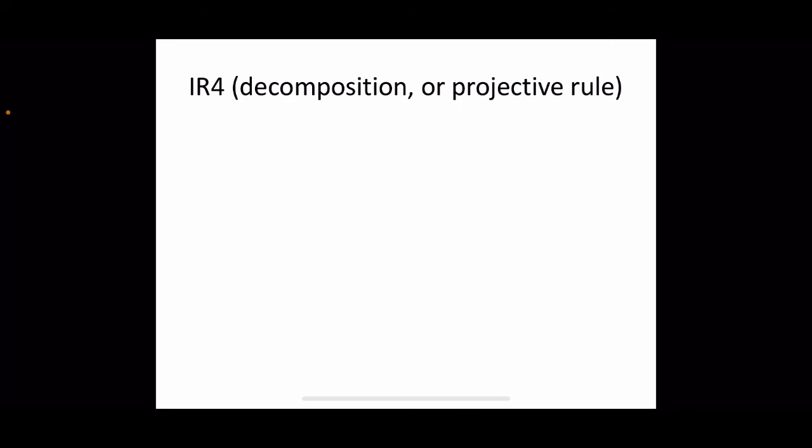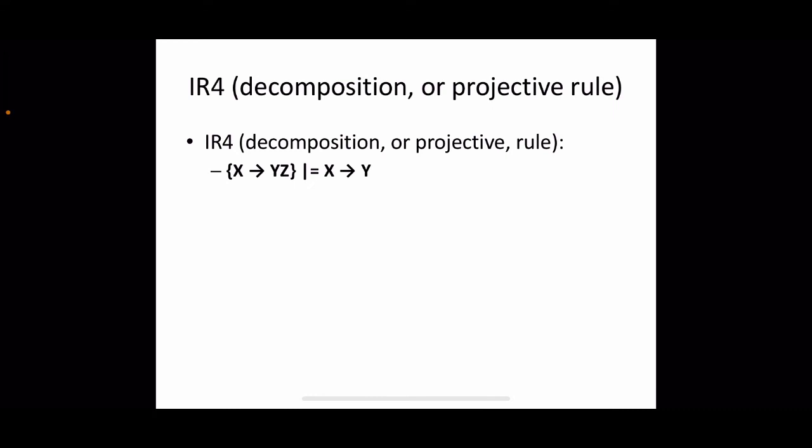So IR4 is called the decomposition rule or projective rule. That means if we have a functional dependency X determines YZ, we can decompose this right hand side. That means X functionally determines Y alone. This is called decomposition. For example, we have a dependency X determines A1, A2, etc. An.